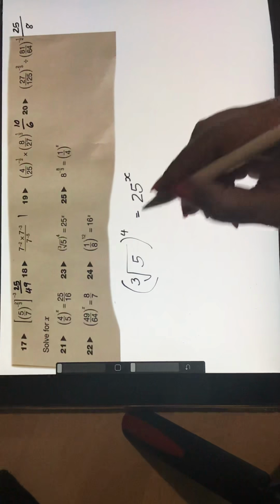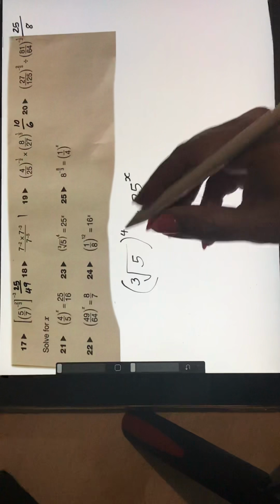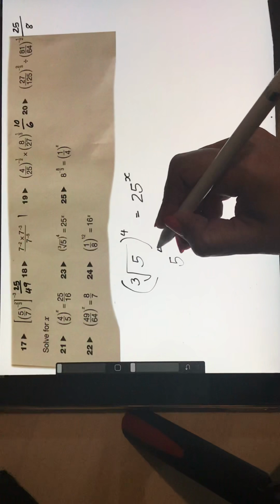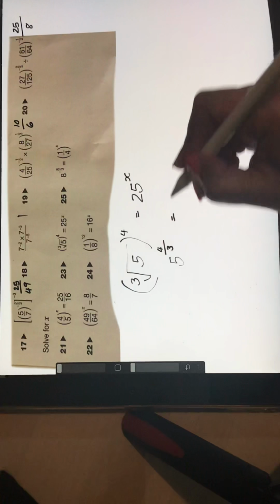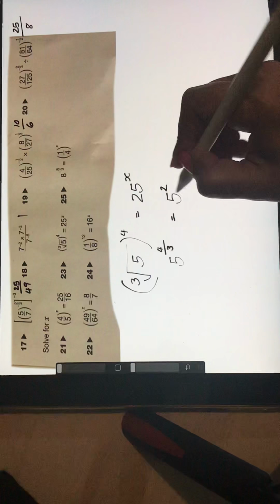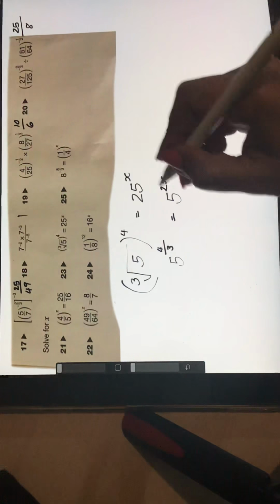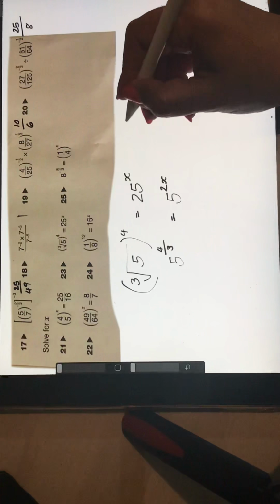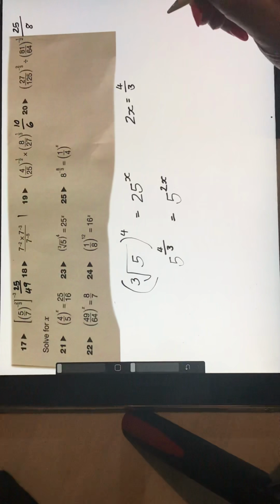Okay, so first of all, I would get rid of the cube root by giving this a fractional index of 4 over 3. On this side, I would take the 25 to 5 squared. 25 is equal to 5 squared, and just leave the x because it is a raising of a power. Because the base numbers are the same, I can then say 2x is equal to 4 over 3, right?